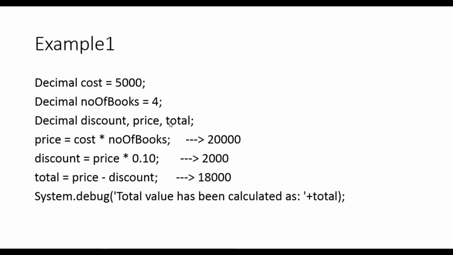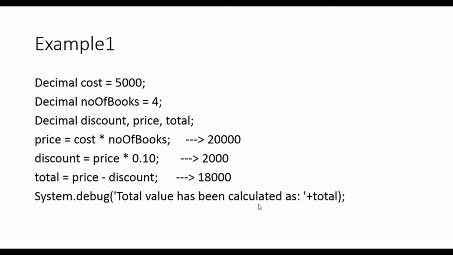Then I have another decimal variable called total. So I'm subtracting discount from price. Price minus discount will be 18,000. So in the log, I'm going to display system.debug('Total value has been calculated as'), this is the static text, along with the variable total.